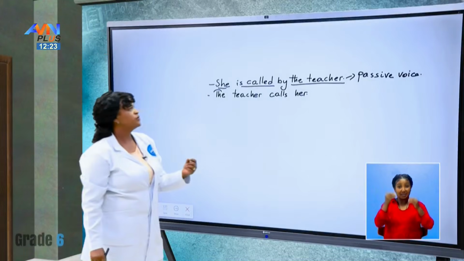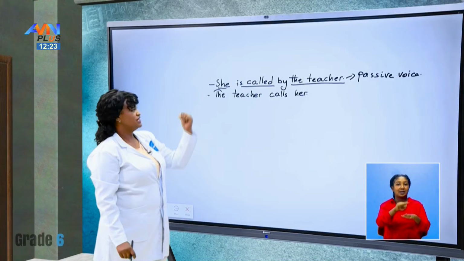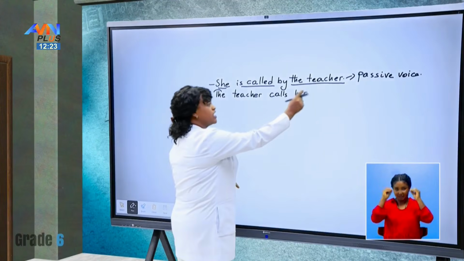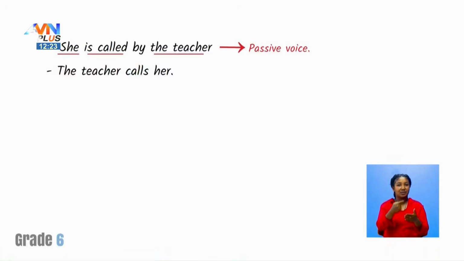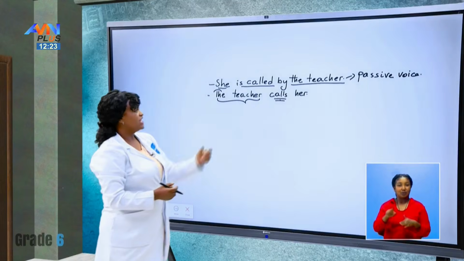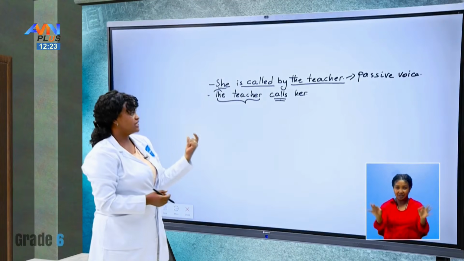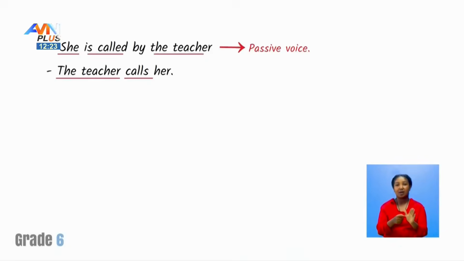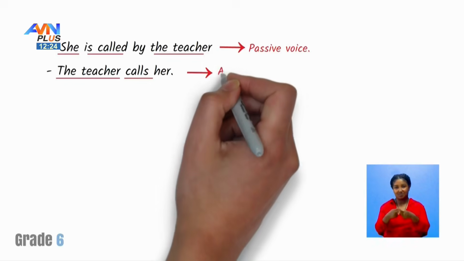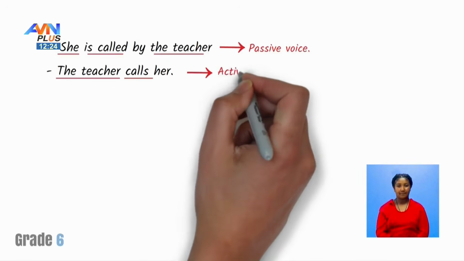The teacher calls her. Here, since the teacher is the doer of the action, it is the teacher who performs the action calls. So, in the second sentence, it shows what? Active voice. Yes?